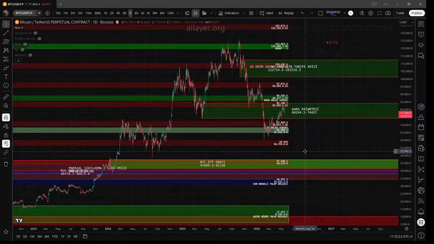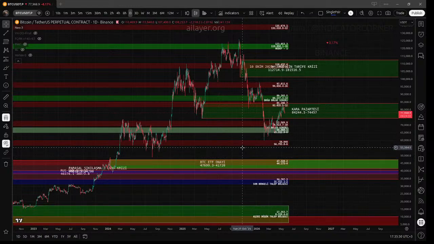The AI agent focuses on oscillation behavior, premium discount equilibrium, volume absorption, liquidity memory, and untouched transactional zones. Instead of forcing the market into predefined indicator logic, the system attempts to observe the market's natural internal rhythm.